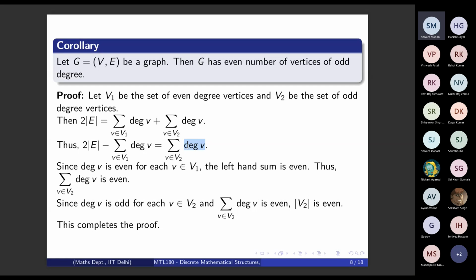But it is even, so the number of vertices in V2 must be even, because if the number of V2 is odd, then this sum will be odd. So the number of V2 is even. So we are done: we have an even number of vertices of odd degree. Is that fine with everyone?